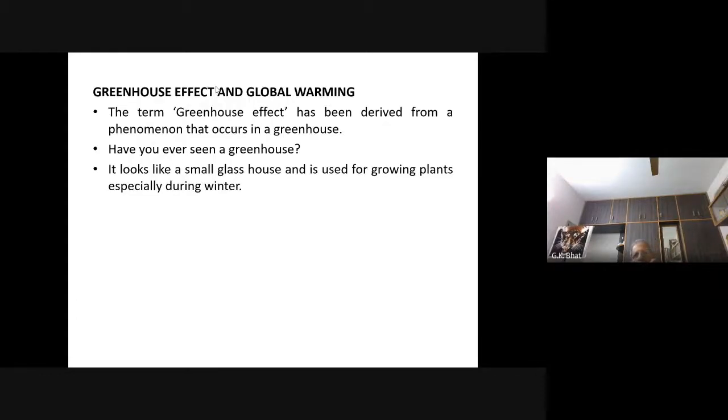Have any one of you visited a greenhouse anywhere? Come on, I can't see. If you raised your hand, you have to tell orally. Yes, sir, I have seen. I have entered. Have you entered the greenhouse, any one of you, at any time?